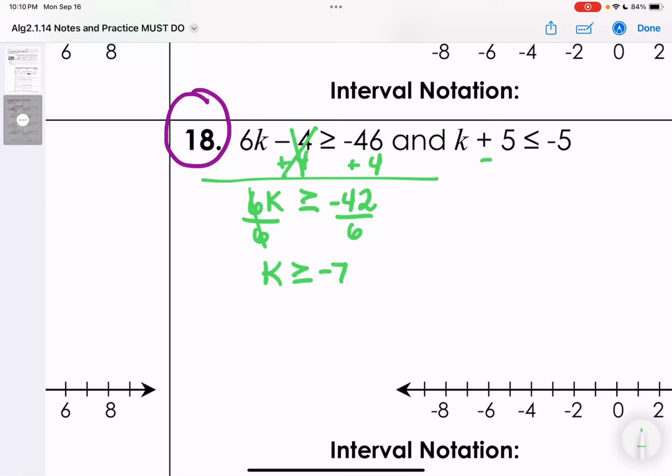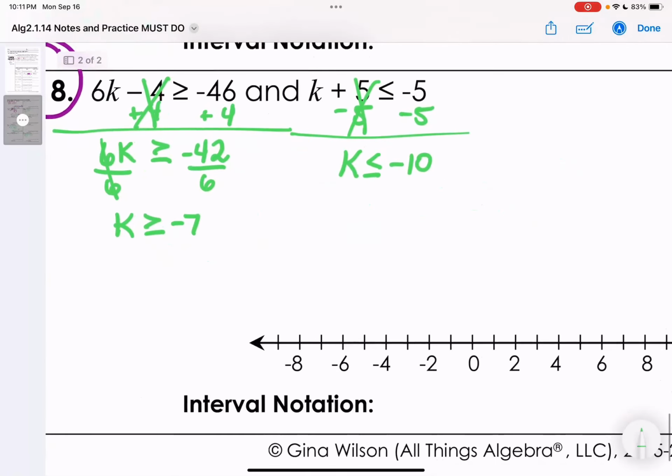Then over here, I just subtract 5. So I've got K being less than or equal to -10, while also being greater than or equal to -7.